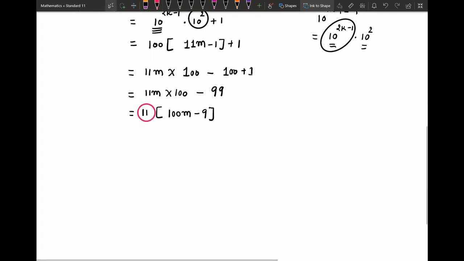So which is divisible by 11, and therefore P of k plus 1 is true.